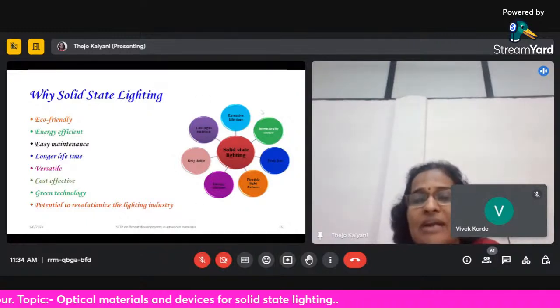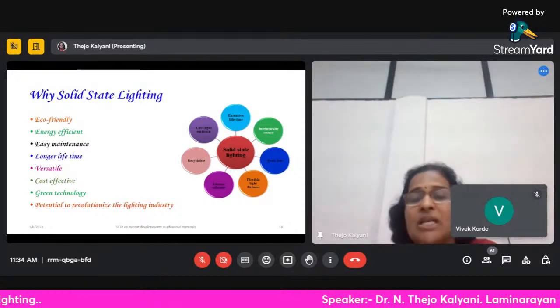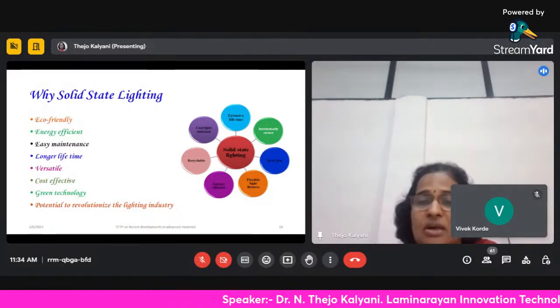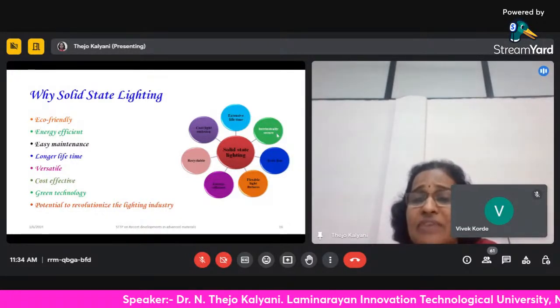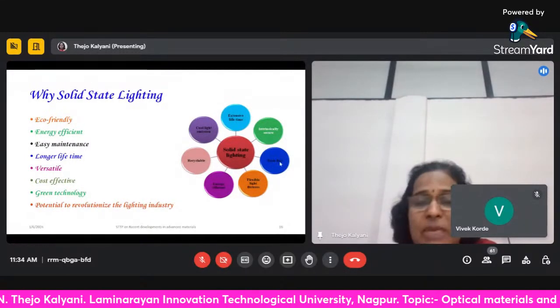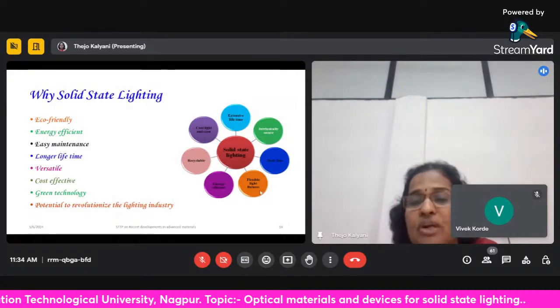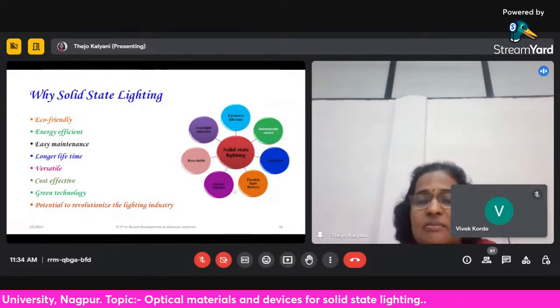There are many advantages of solid state lighting. The lifetime is more, as you have seen in the LED bulbs or LED lamps. They are very secure and are not going to give you any shock. They are toxic free; they don't have any mercury. They are flexible light fixtures. With OLEDs, we can go for flexibility, which we'll see in a short while.